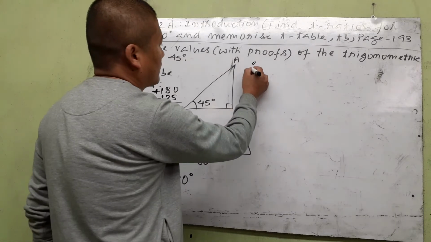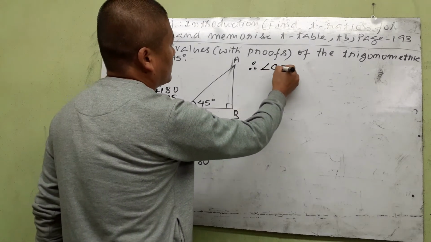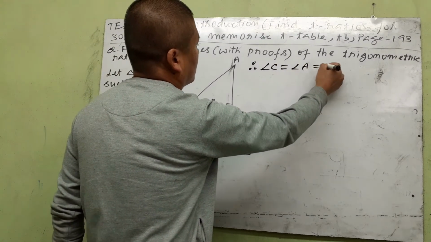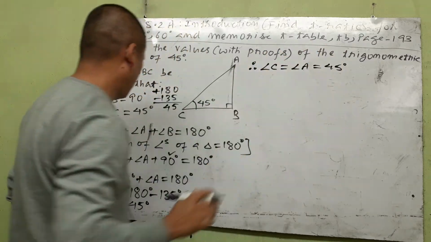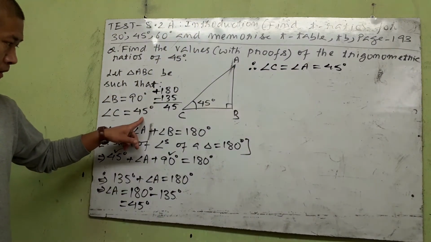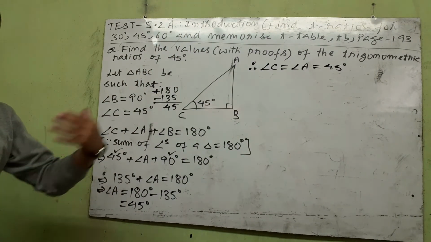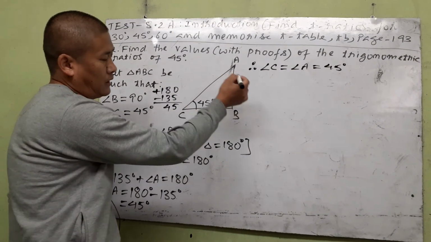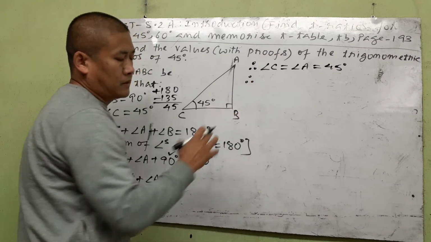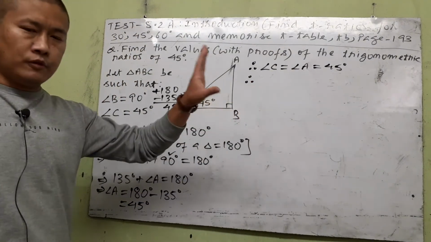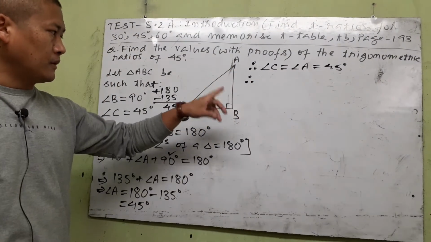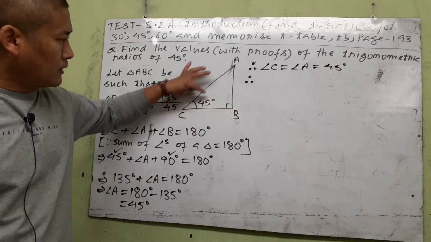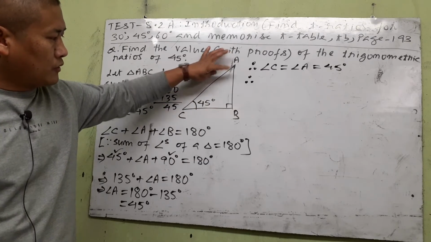Therefore, both angle C and angle A are equal to 45 degrees. So these two angles are equal, C and A. Therefore, the sides opposite to them will also be equal, because there's a theorem which says that if two angles are equal, then the sides opposite to them are equal.